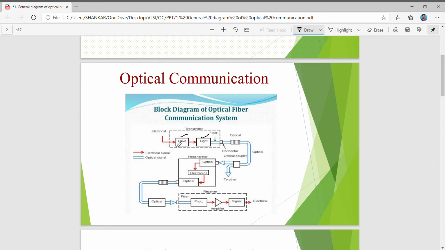The drive circuit drives the light source. The light source generates the optical signals, and this signal is transmitted through the medium, and again applied to the regenerator circuit here.